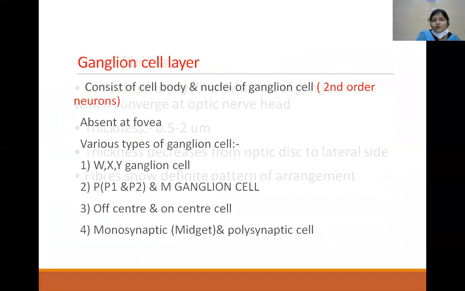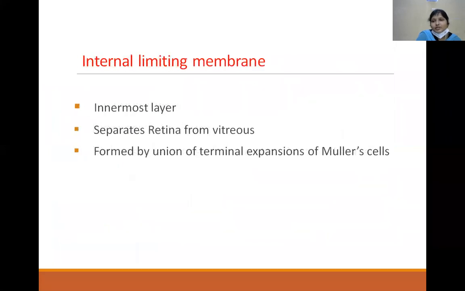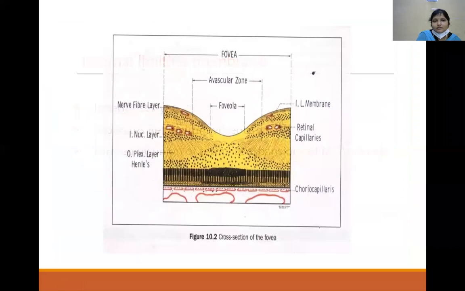Next, coming to the arrangement of these 10 layers in the fovea. Previously I mentioned that inner layers of the retina, like the inner nuclear layer and inner plexiform layer, are absent in the fovea.